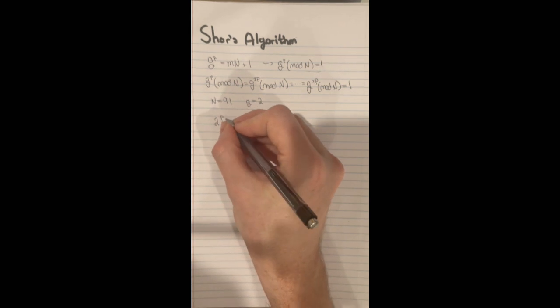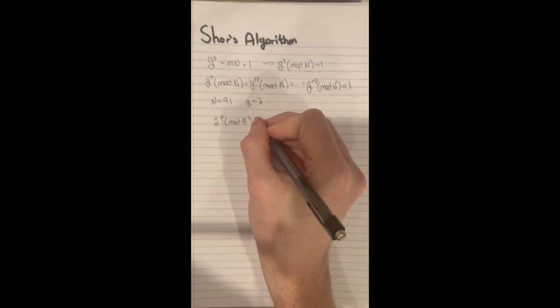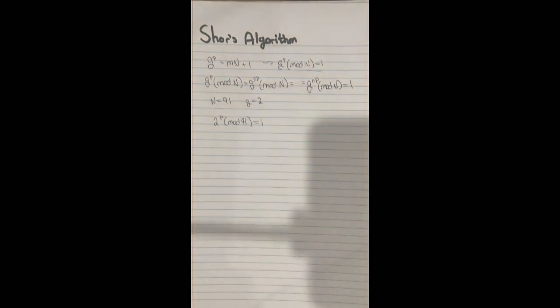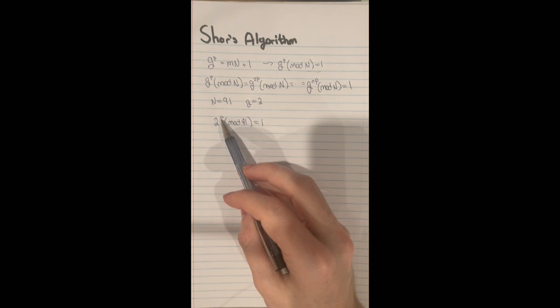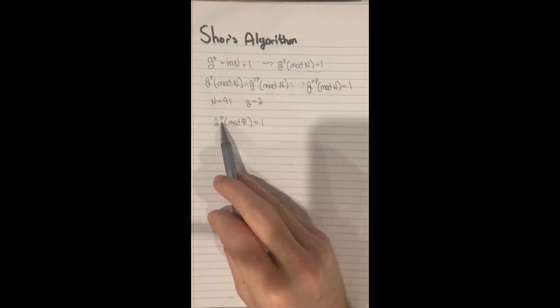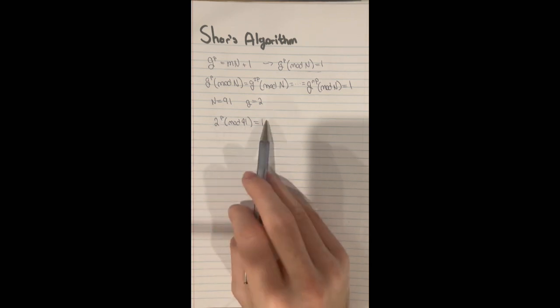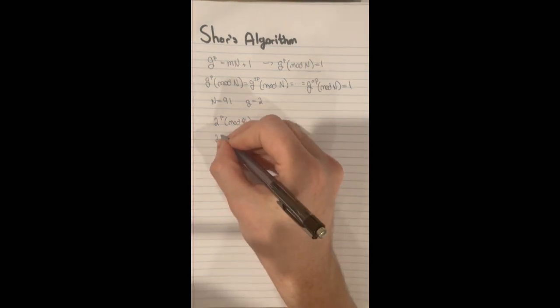So we'll have 2 to the p mod 91, and we want to find where this is equal to 1. My claim is that by iterating over integer values for p, we will find a value of p where this is true, and that any integer multiple of that value will also be a solution to this equation. So we can check this starting with p equal to 0.